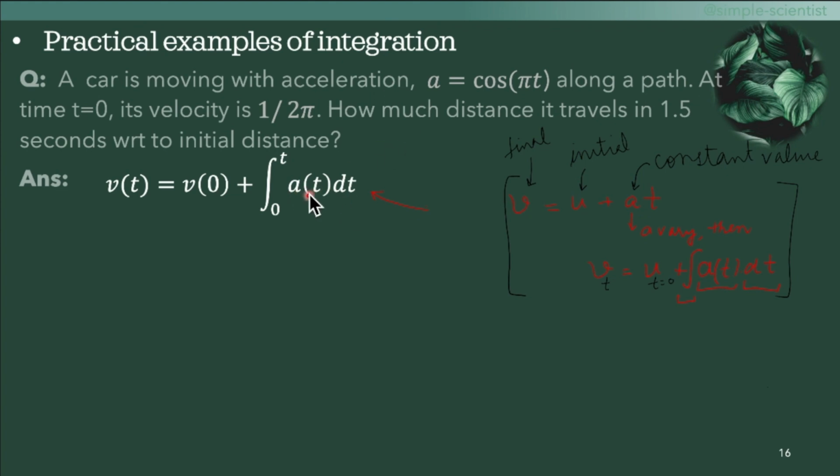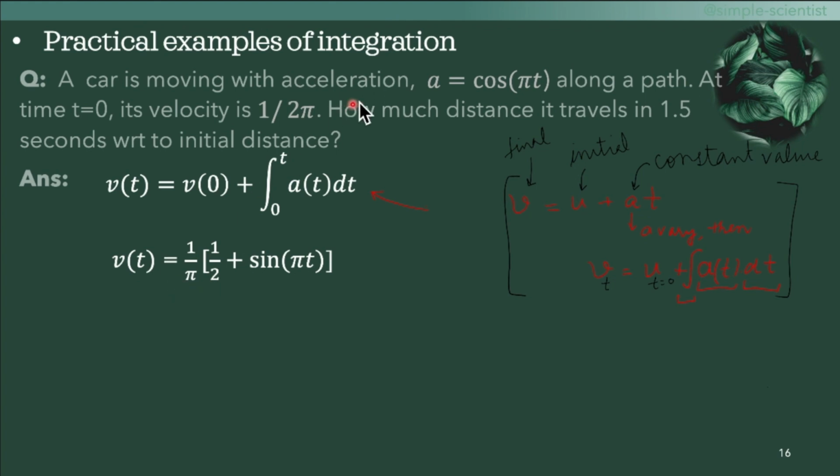So putting a equals cos of pi t, taking the initial velocity equal to 1/2 pi and the final time equal to 1.5 seconds, we get the velocity v of t equal to this expression.